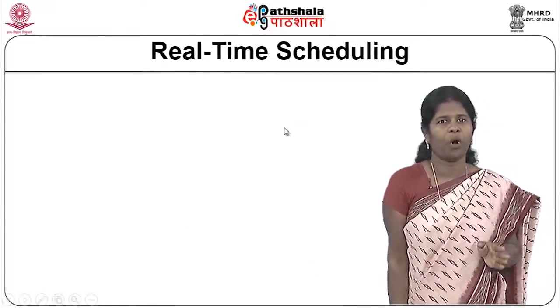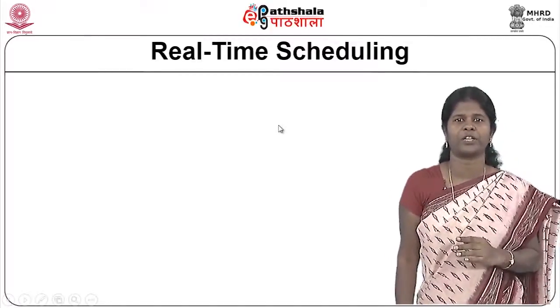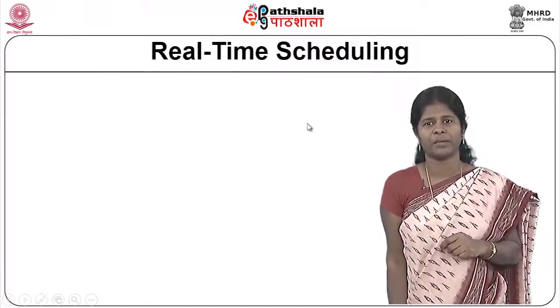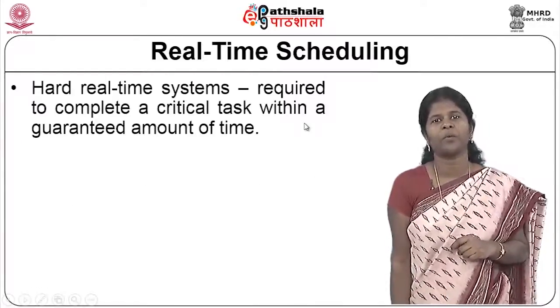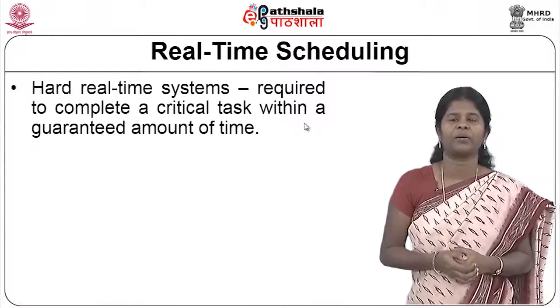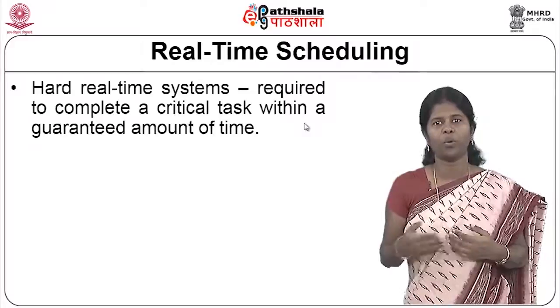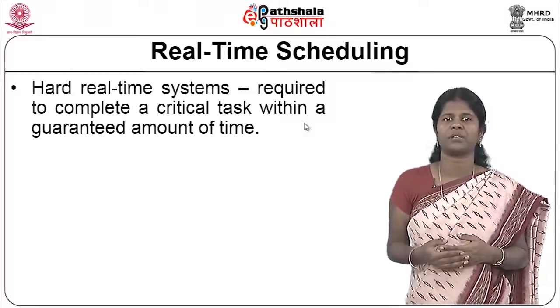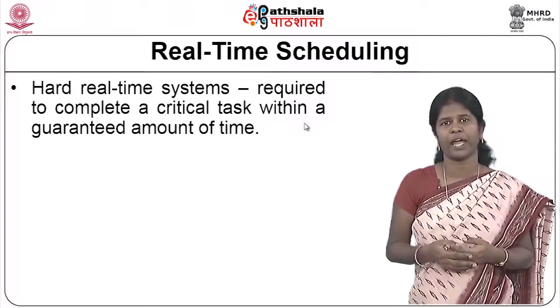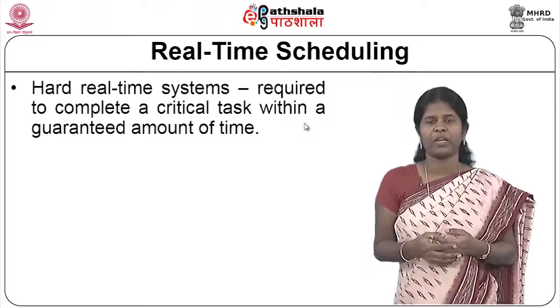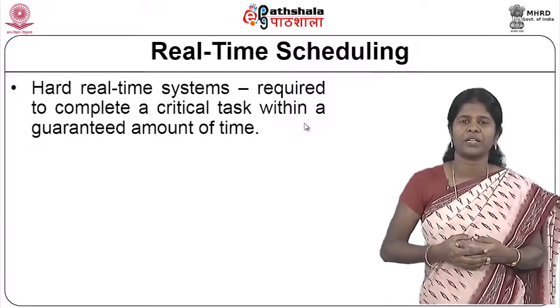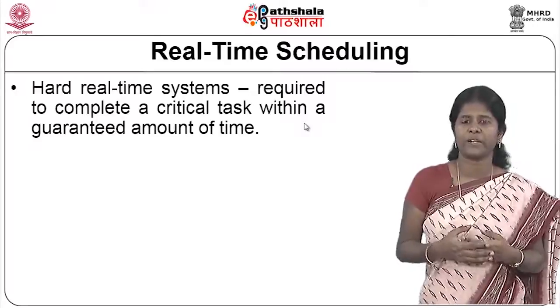And now we move on to the next kind of scheduling, that is real-time scheduling. What is real-time scheduling? We have already learnt about two kinds of real-time systems: hard real-time systems and soft real-time systems. In hard real-time systems, the time constraint is very rigid.